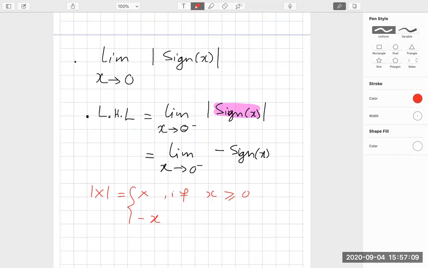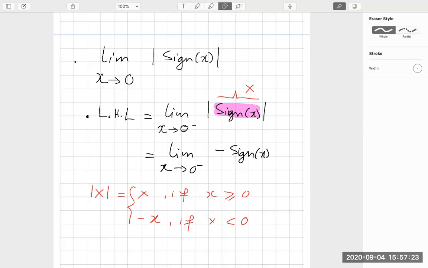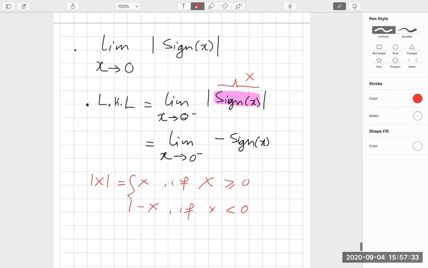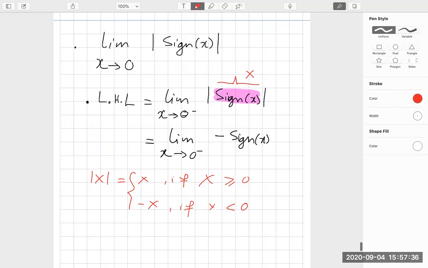Or negative of x if x is negative. In this case, the sine function plays the role of x. It means this is negative of this, and we know that when x approaches 0 from the left, it will be -1. Negative of negative gives us 1, right?